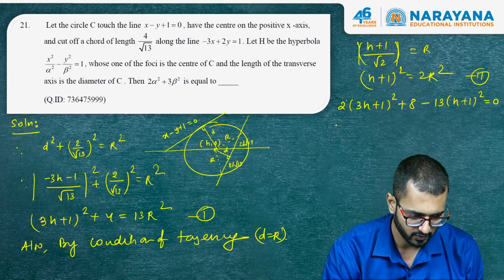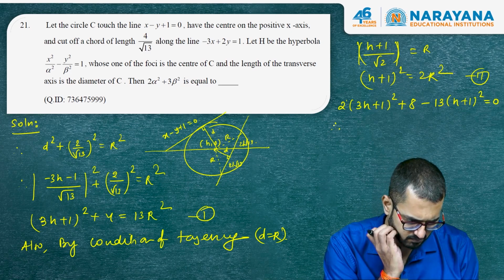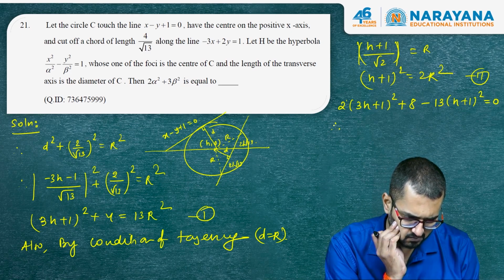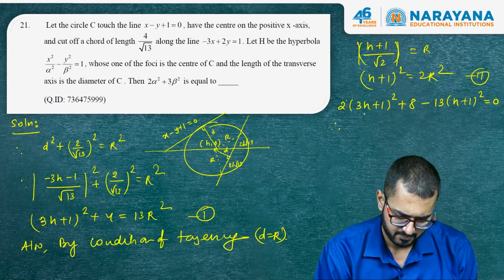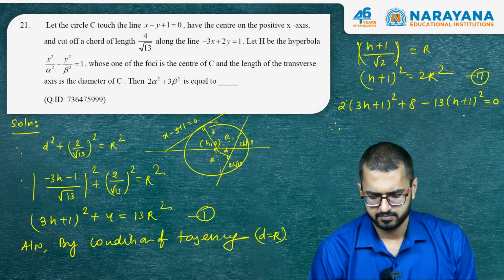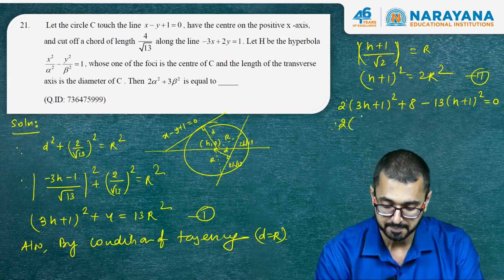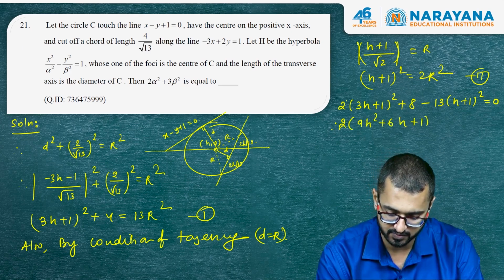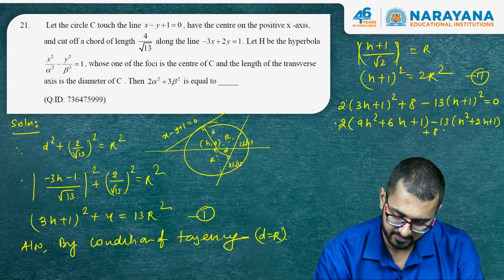We get this equation. Now we'll open this one. So this will give us 2 times (9h² + 6h + 1) minus 13 times the same thing, (h² + 2h + 1), and then plus 8 will be equal to 0.